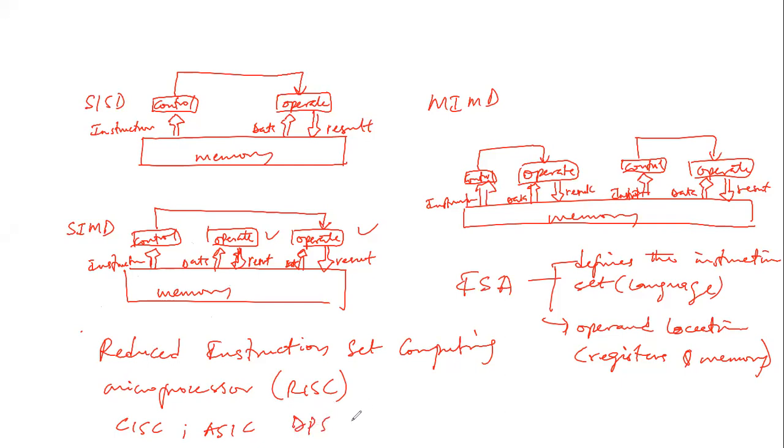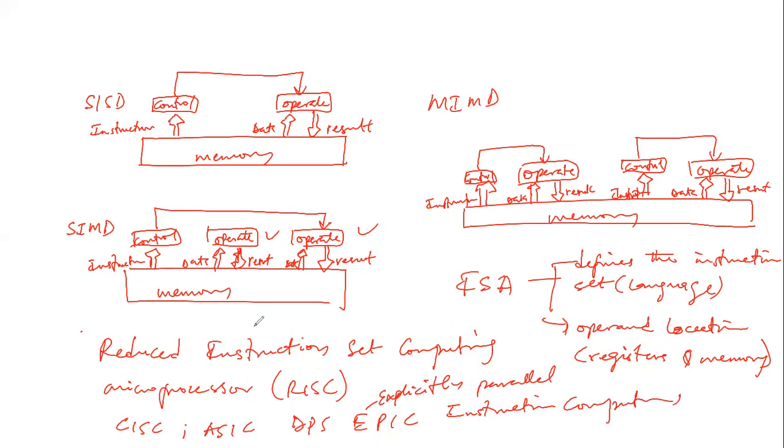And we also have the EPIC, I think that's explicitly parallel instruction computing. So these are all types of microprocessors.